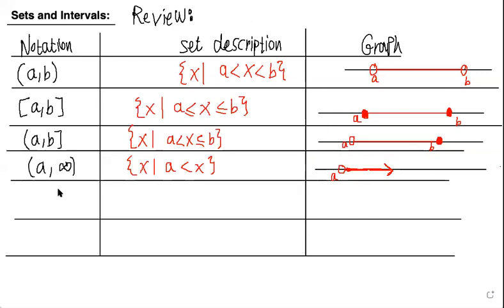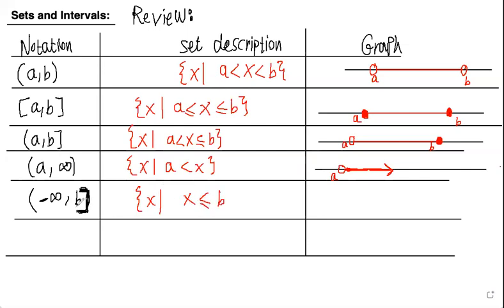Before the fifth one, we have another one, from minus infinity to b, closed at b. This means all values x such that x is less than or equal to b.